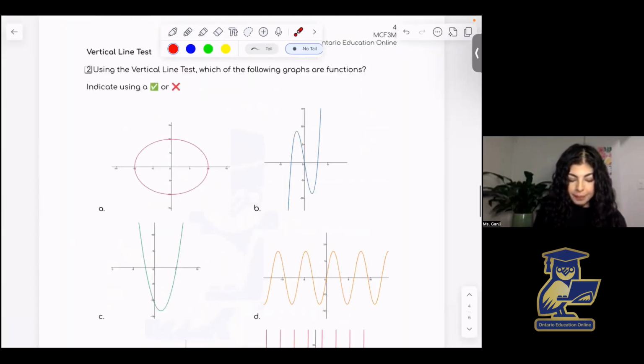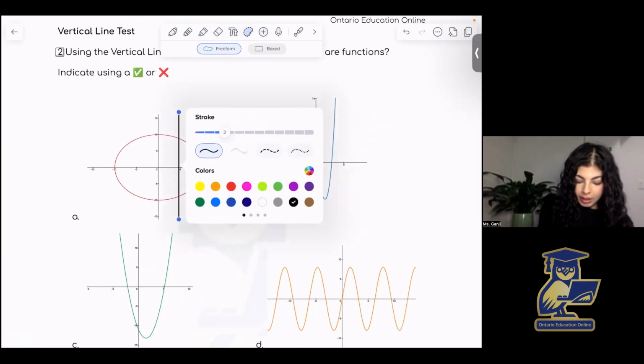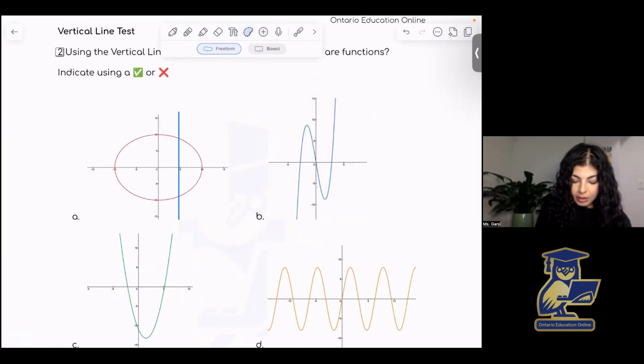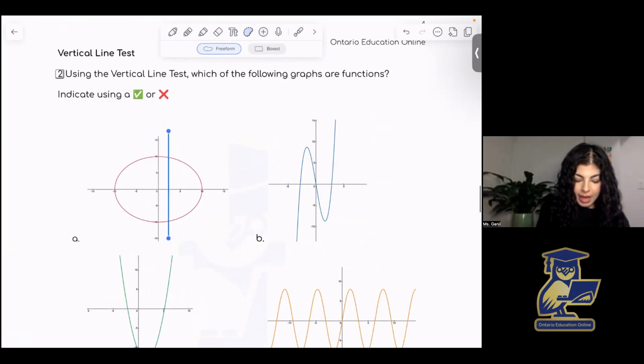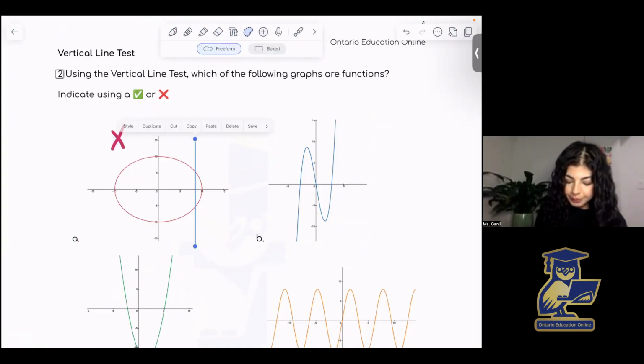So here, we're going to apply the vertical line test. Let me draw my line one more time. So for this one, I see that at many of the points, there are 2 points. So this is not a function.